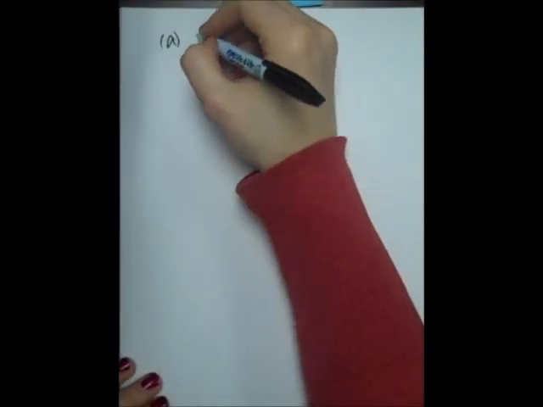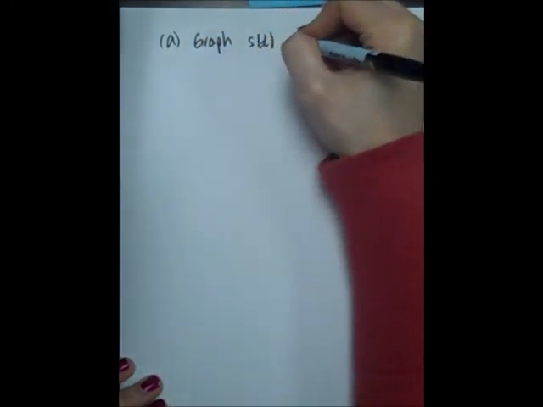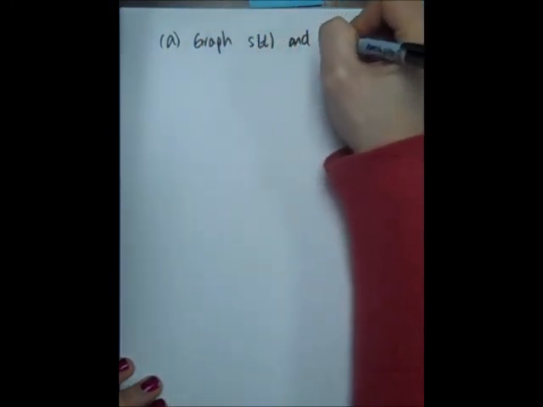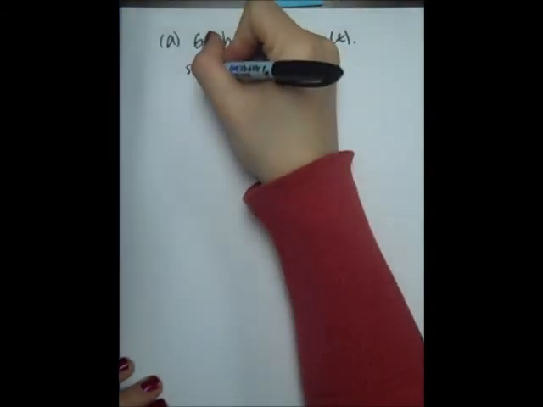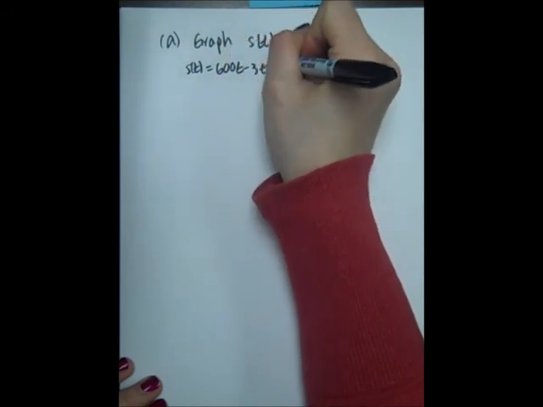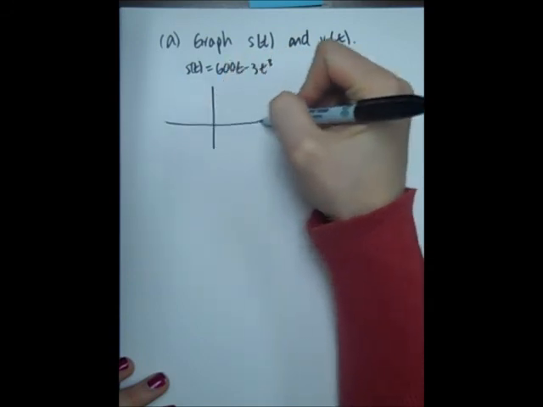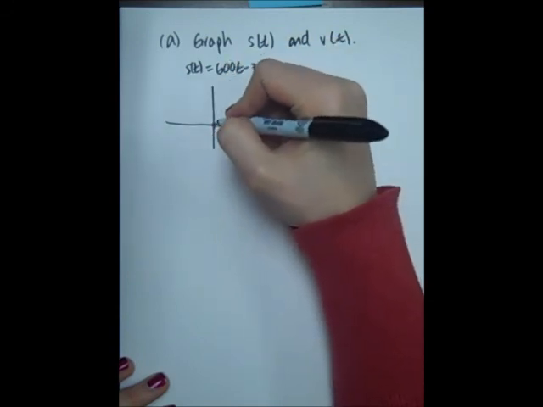Okay, so part A here is I want to graph the position and the velocity. So let's graph S of t and V of t. Well, I have an equation for S of t. S of t was 600t minus 3t cubed. So you could use your calculator if you want. It looks something like this for the first 12 minutes.